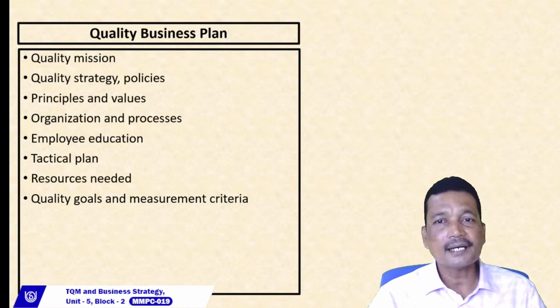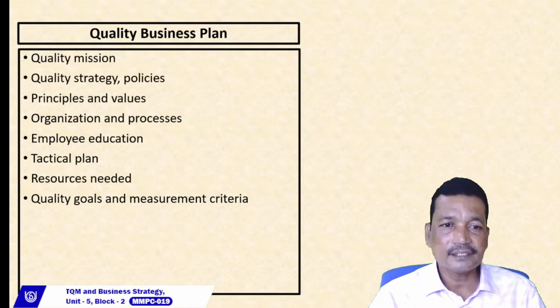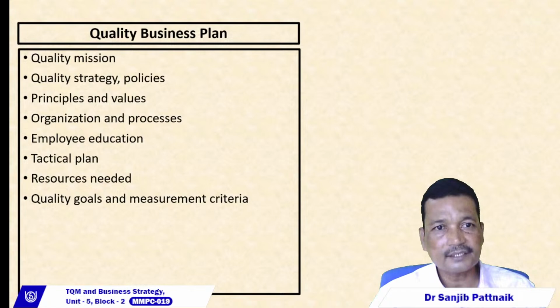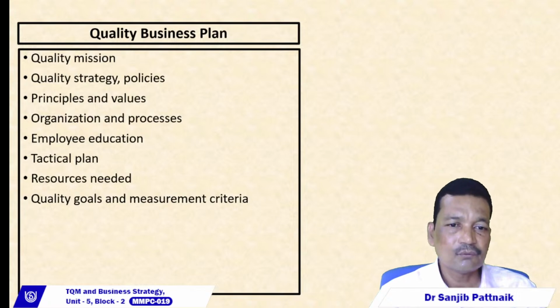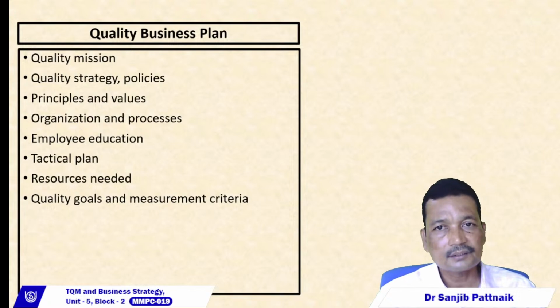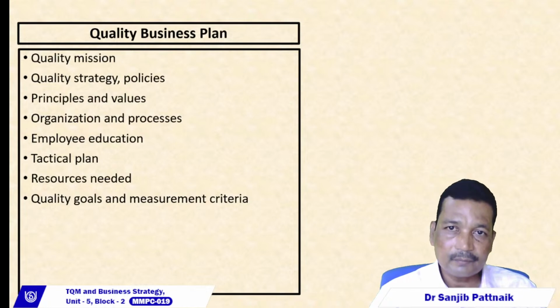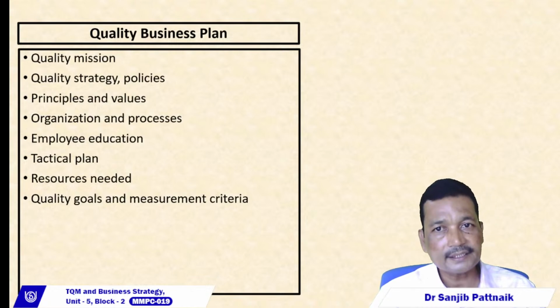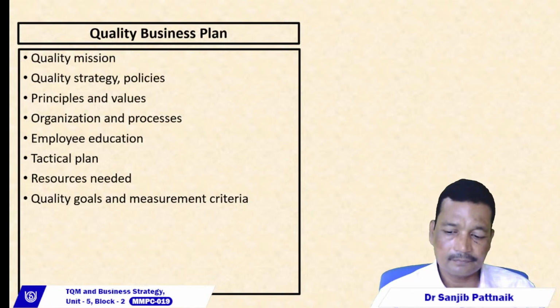The employees who will actually conduct the business plan regarding quality should be trained enough, educated enough regarding the way to carry out the business plan. Then we think of what are the resources needed in order to have the quality plan. And finally, what are the goals? Have we achieved it? If we have achieved it, how much have we achieved? That means the measurement criteria in quantitative terms should be set up.